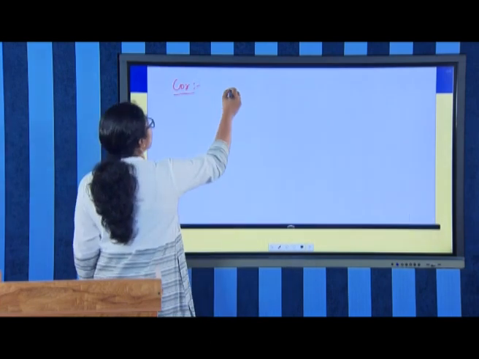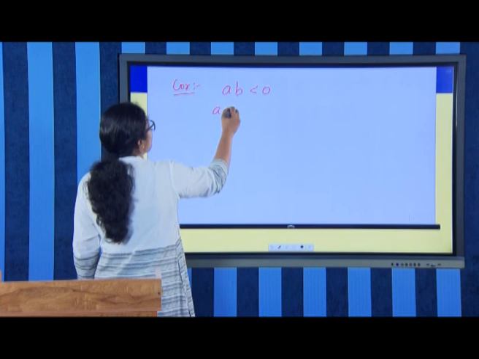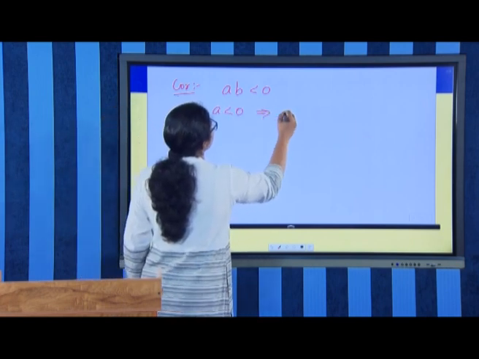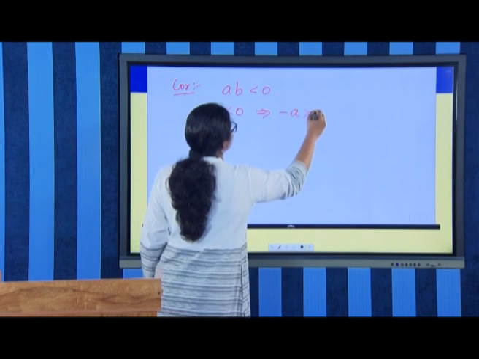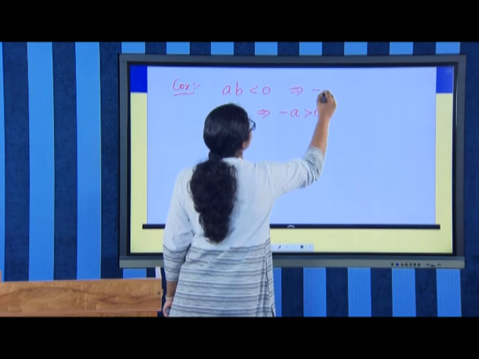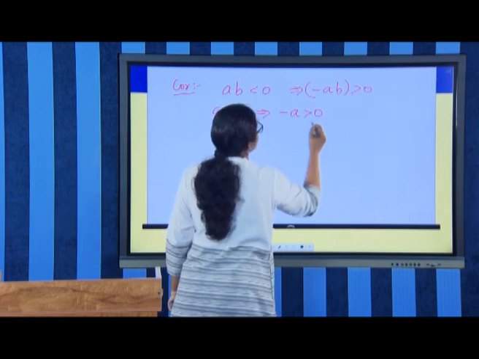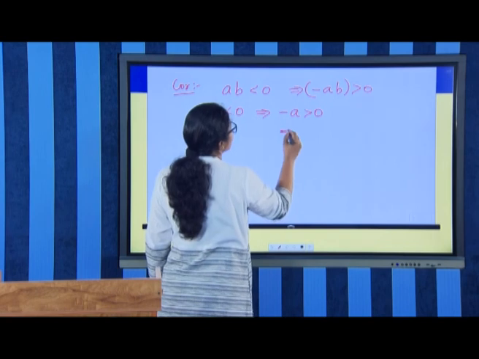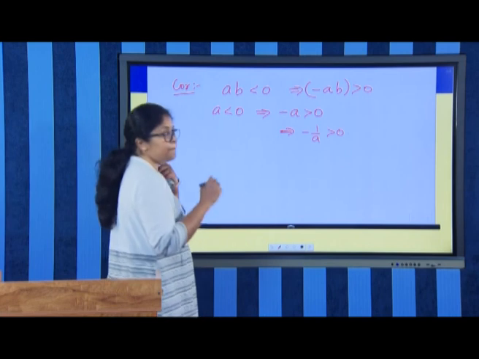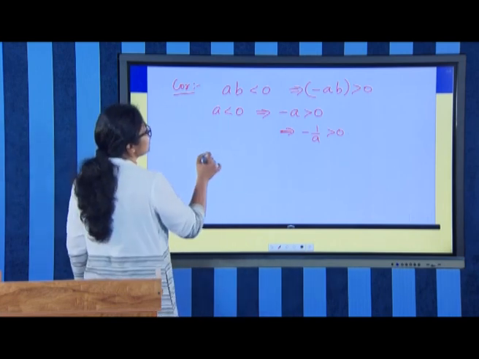So, we assume AB to be less than 0, let A be less than 0, then this shows that negative A is greater than 0 and AB less than 0 shows that negative of AB is greater than 0. So, negative A greater than 0 shows that negative 1 by A is also greater than 0, because the multiplicative inverse of a positive real number is again a positive real number.